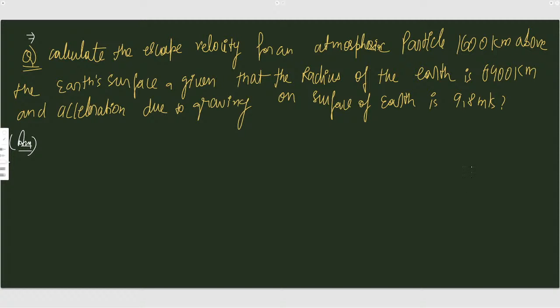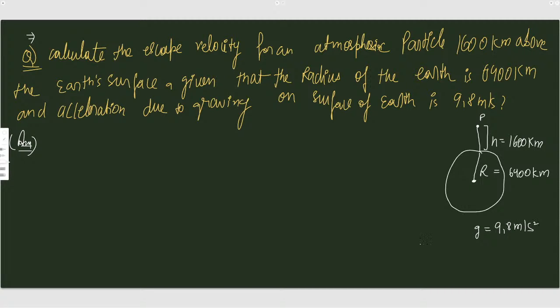Let us draw the diagram. A particle P is 1600 kilometers above the Earth's surface, given that the radius of Earth is 6400 kilometers, and acceleration due to gravity is 9.8 meters per second squared. Got it?